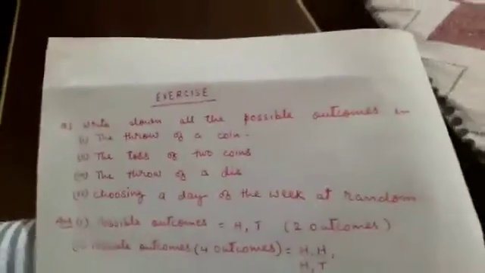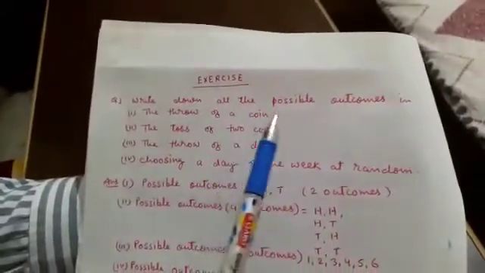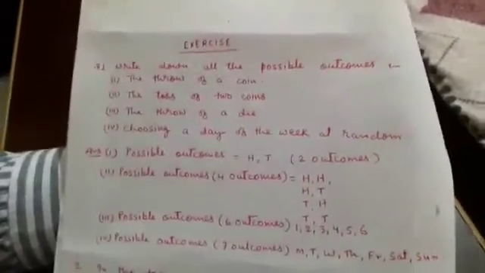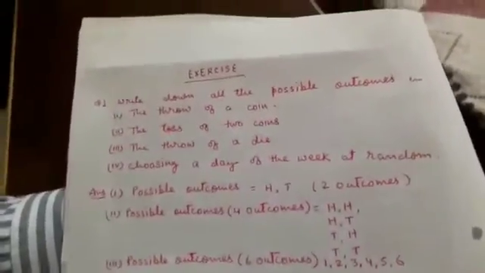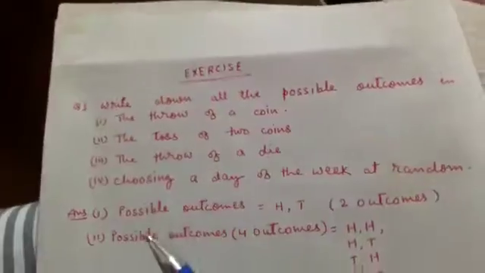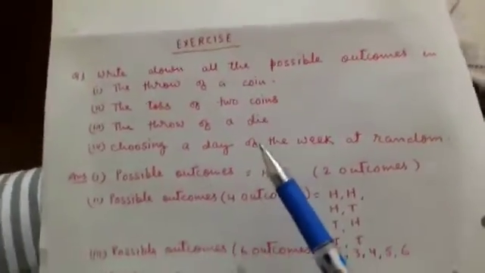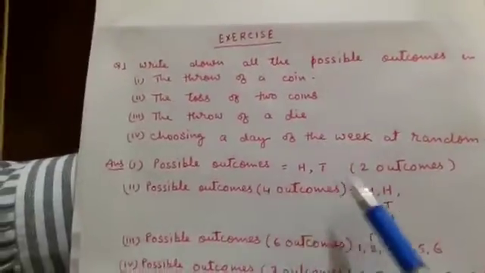Now the first question is write down all the possible outcomes. First part of this question is the throw of a coin. What are the possible outcomes when you toss a coin? So how many faces does a coin have? 2. So either tail or head will come. Therefore the possible outcomes in the throw of a coin will be 2, head or tail.